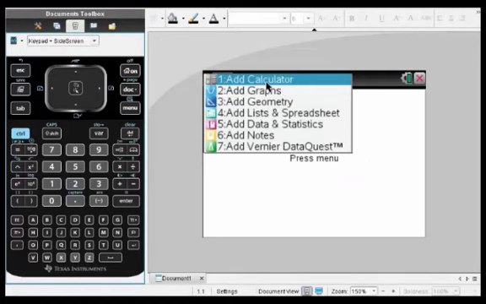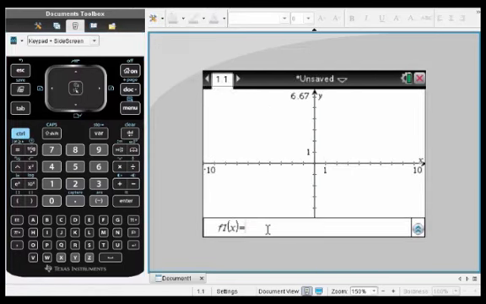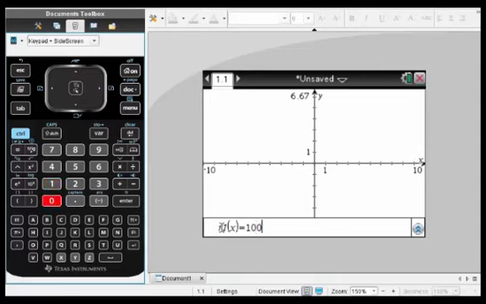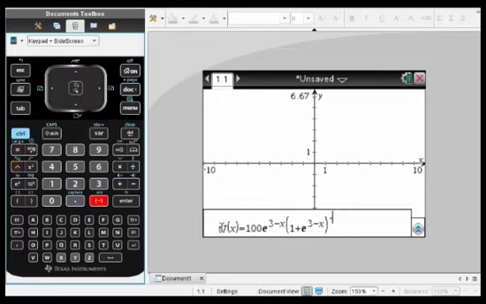So on your Inspire, we're going to choose to add a graph. And for f of x, we're going to go with 100 e to the 3 minus x power, and then parentheses, 1 plus e to the 3 minus x, and then close your parentheses, and all of that to the -2.